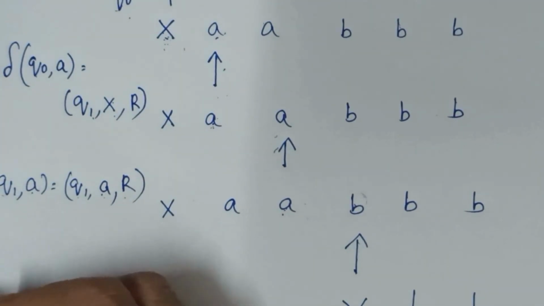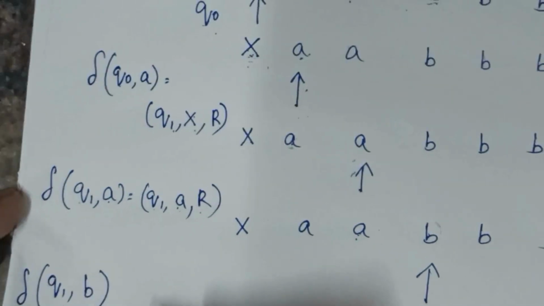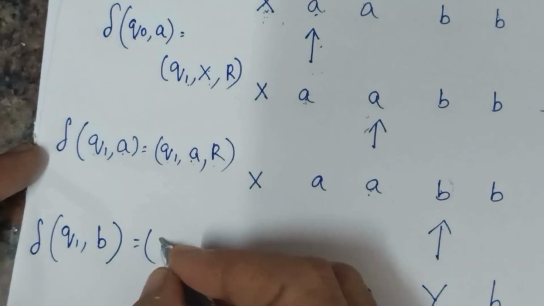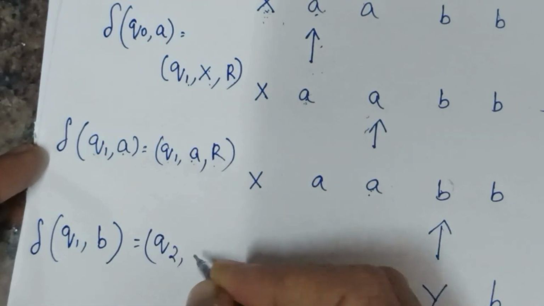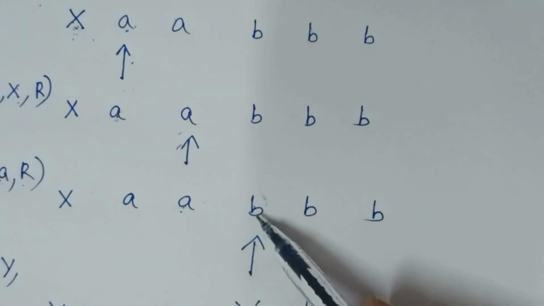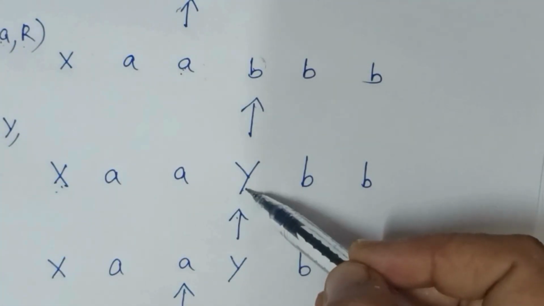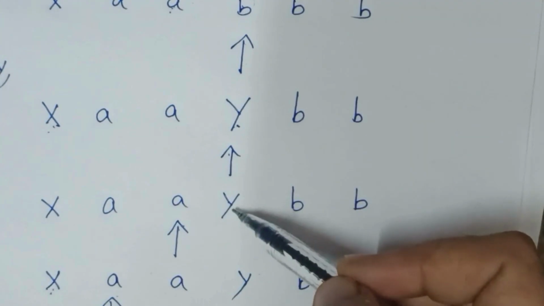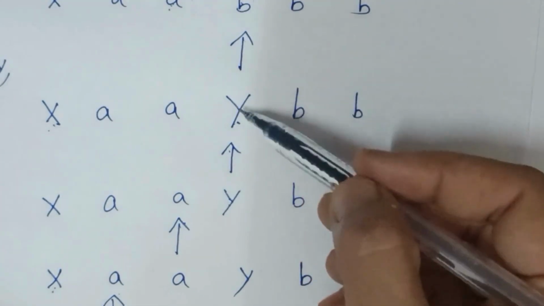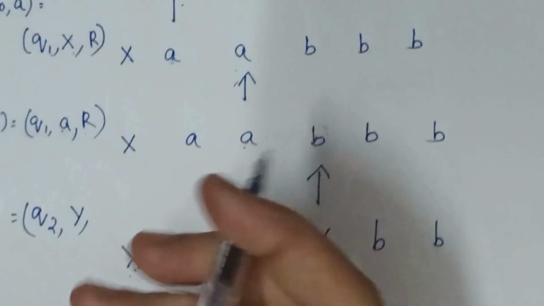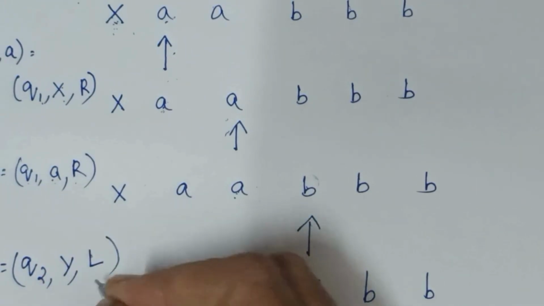Delta of Q1 on B equals, now we are replacing B with Y, so write it as Q2, B is replaced with Y. After B is replaced with Y, we are moving the header to left. So here we should write L.